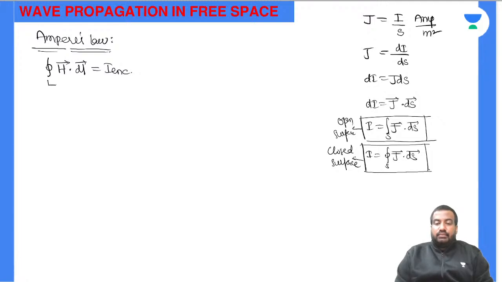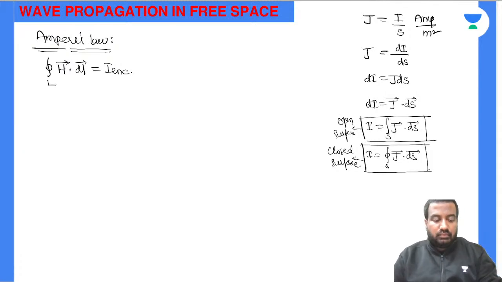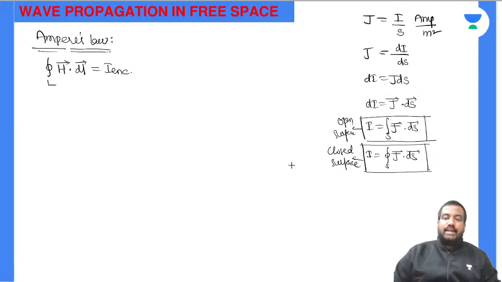Current is scalar, no? First thing, Bhaskar, you should not use the word divergence. Divergence is used only when you use dot product with del. Del dot something. Yes, dot product is correct. We are using dot product because H is a vector, dl is a vector, current is a scalar. Is it clear?